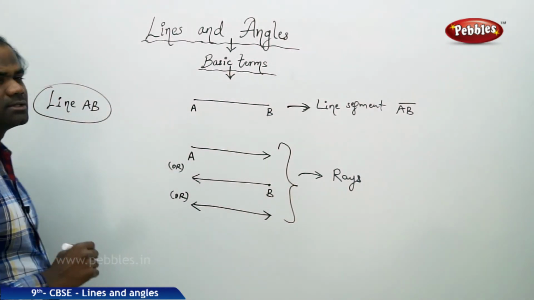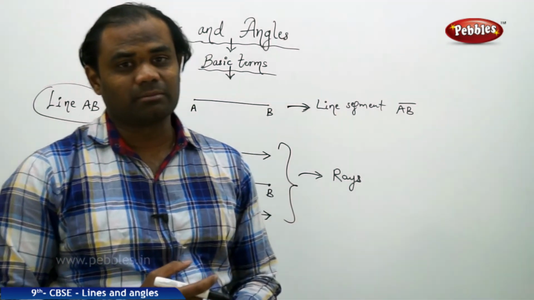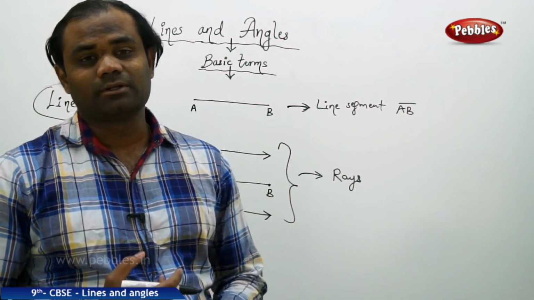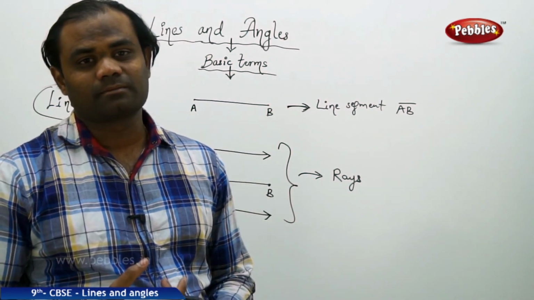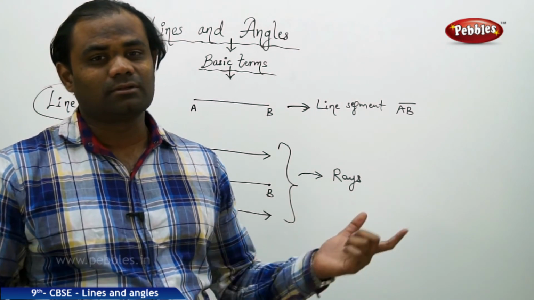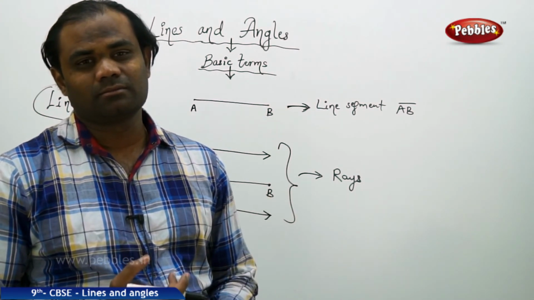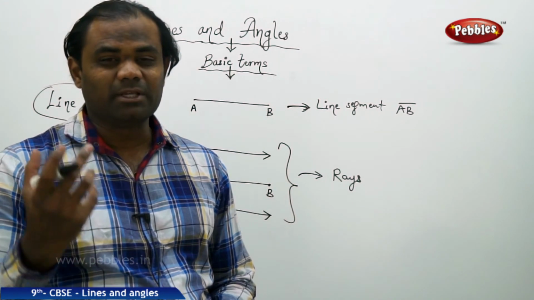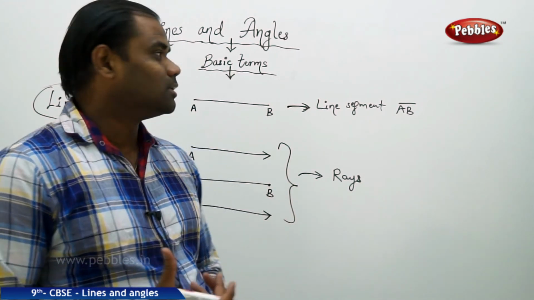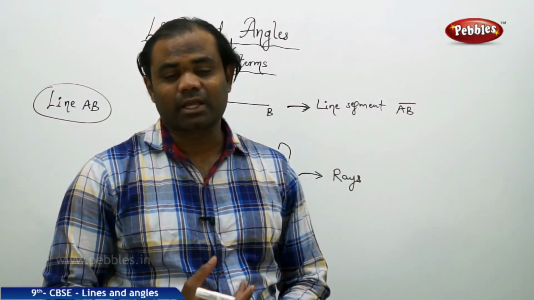Line AB is a line which can be a line segment or a terminated ray on one side or non-terminated on either side. Is how we understand the basic terms which are essential in connecting lines with angles.